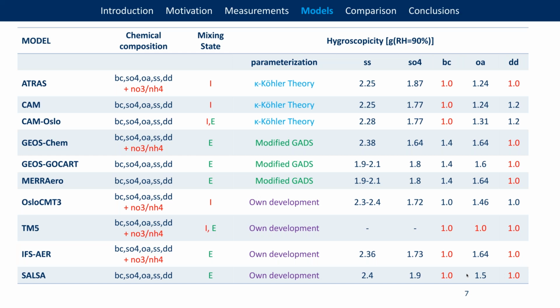The parameterization for the CAM models is based on Kappa-Köhler theory. For GEOS models it is modified GADS and OPAC. And the other 4 models have their own development, so they use different parameterizations depending on the chemical component. Then we've got several values of the hygroscopic growth factor for different components, and there's one in red where they don't assume that it grows with relative humidity.